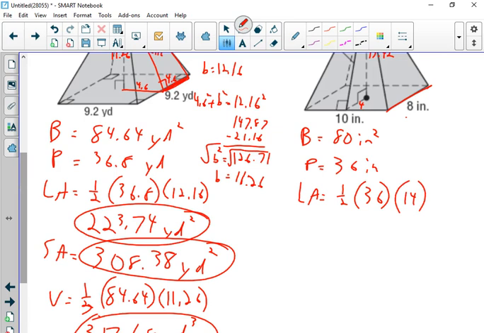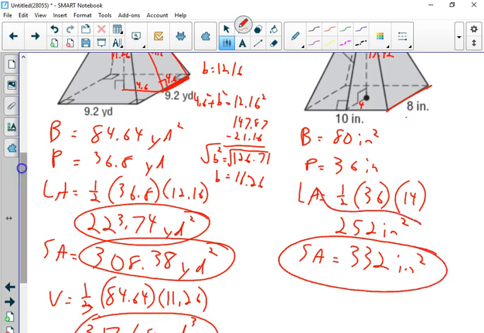So half of 36 is 18. 18 times 14 is 252 square inches. The surface area is 252 plus the area of the base, which is 80. So 332 square inches.